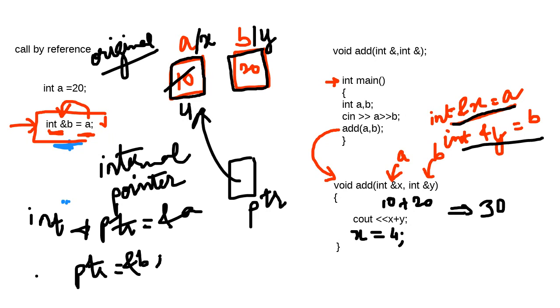Any such thing is not applicable with reference. Pointers can have null references, but when we are passing by reference, there is no point of null or any separate location. It's just referring to the same object or same place itself.